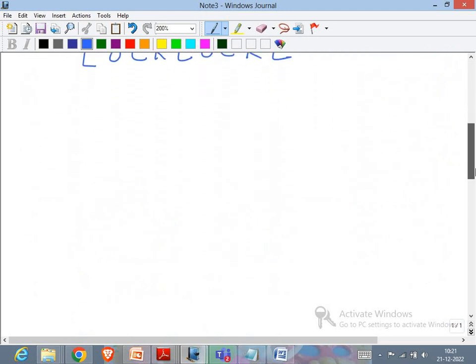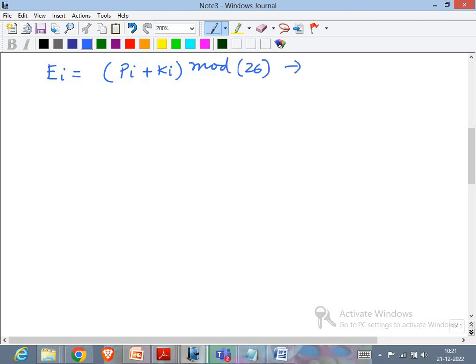In that itself, we will need the encryption formula as I already had told you. So let me just write it down. EI is equal to PI plus KI mod 26. So this is for the ciphertext, and for the decryption I'm just writing it down.